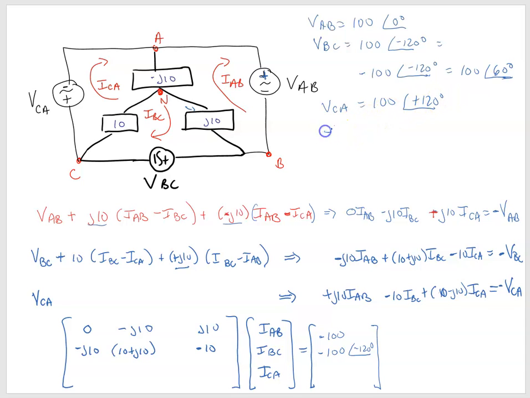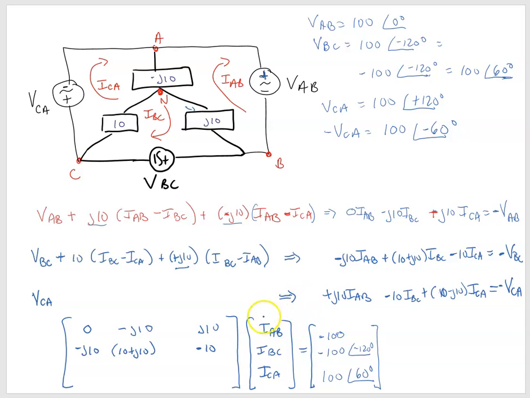So our negative VCA, we'll subtract 180. It's going to be equal to 100 angle negative 60 degrees. So we can put that in either way. This is our preferred way to write a phasor without a negative magnitude. This is just negative 100, so we can write that with a negative number.